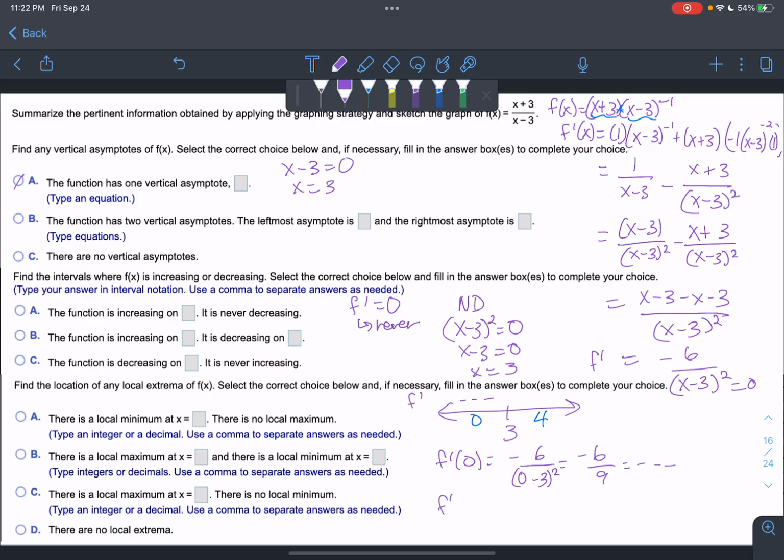And then f prime of 4 is negative 6 over 4 minus 3 squared, so that's going to be negative 6 over 1, so that's still negative. Okay, so my function is decreasing, it's never increasing, and this is on negative infinity to 3 and 3 to infinity. And because it's always decreasing, there's no local extrema.